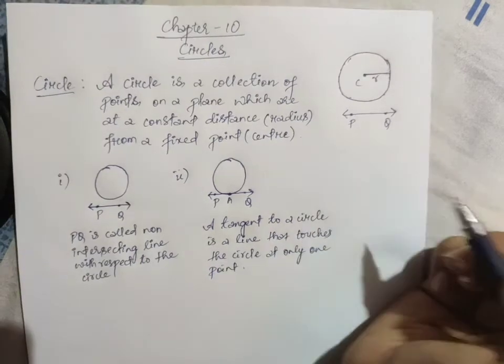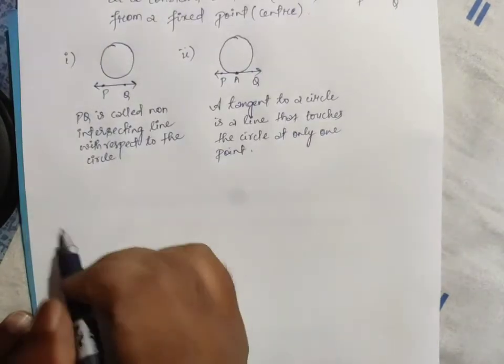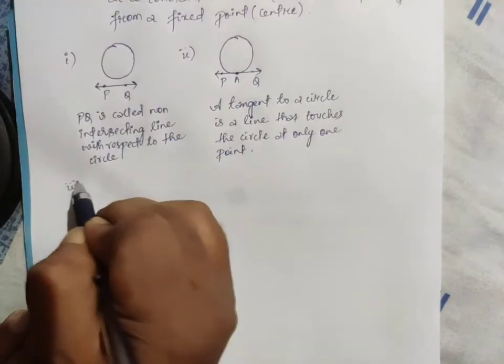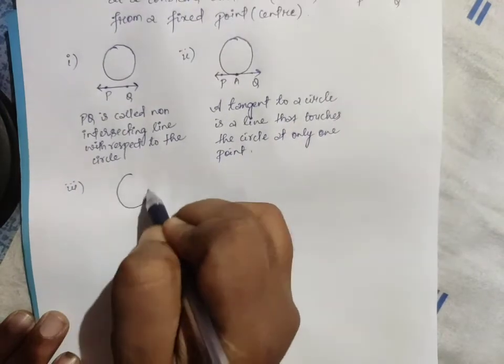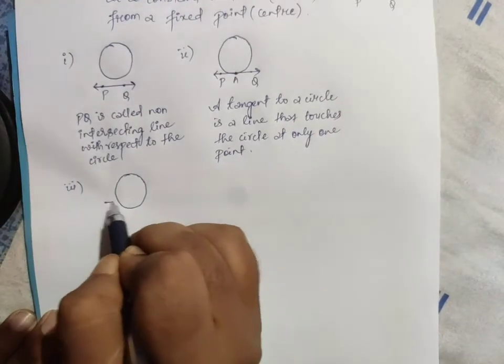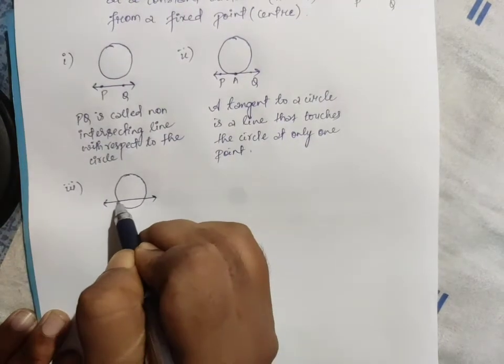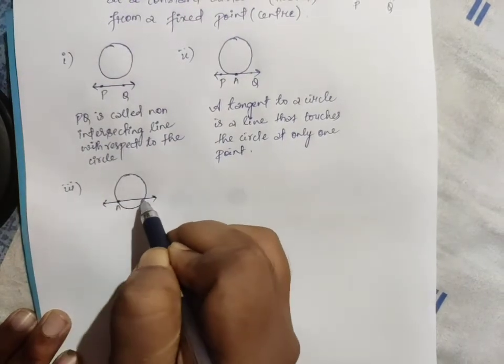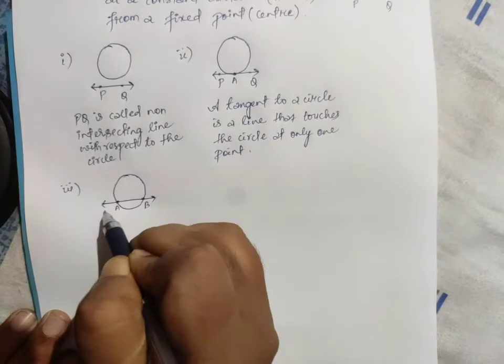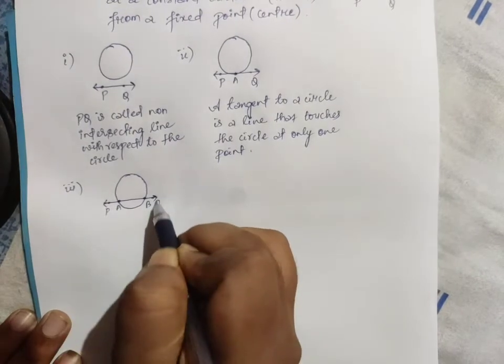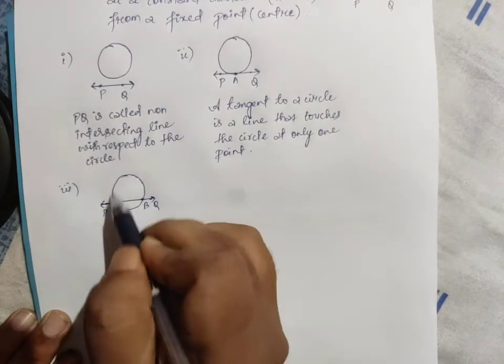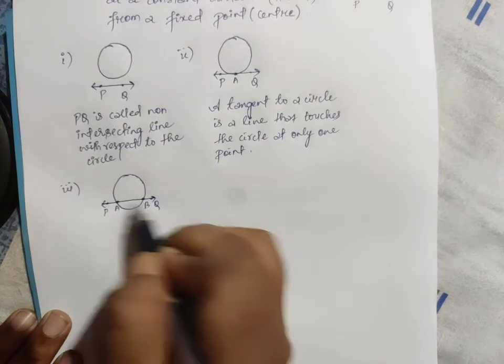Then the third one: you have a circle and a line intersecting the circle at two distinct points, A and B. This line segment PQ is touching the circle at two distinct points.